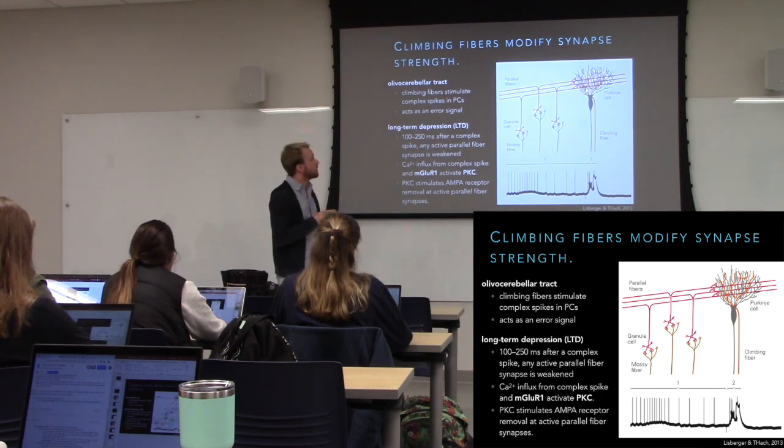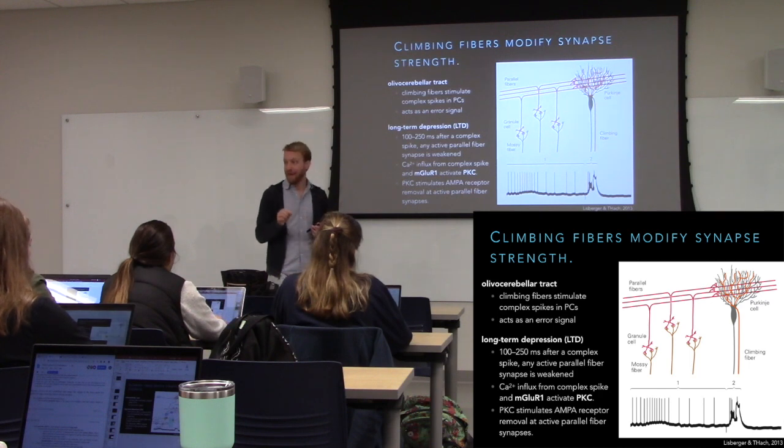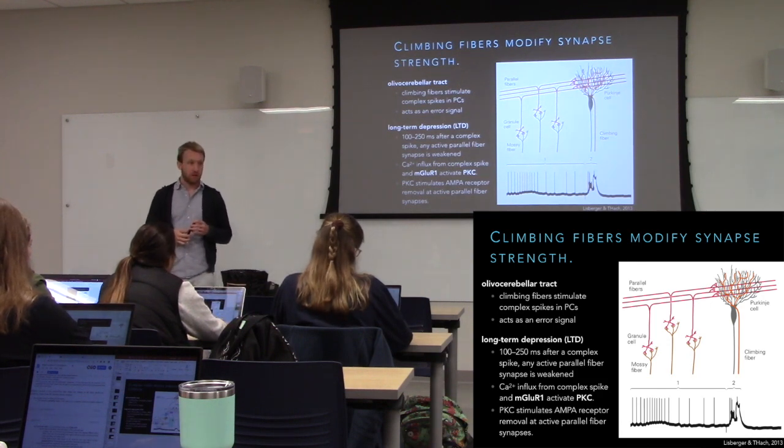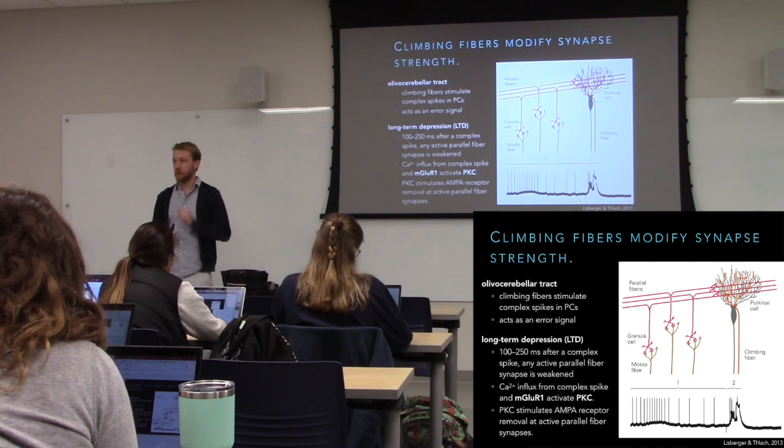They're going to climb along dendrites and create multiple synapses. And when this one axon fires, all synapses are excited at the same time. That creates a complex spike.